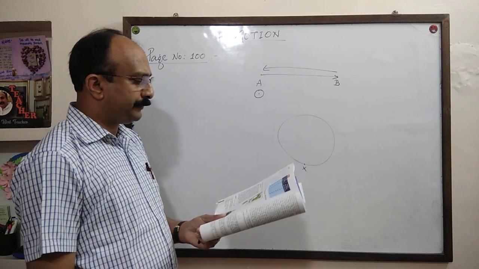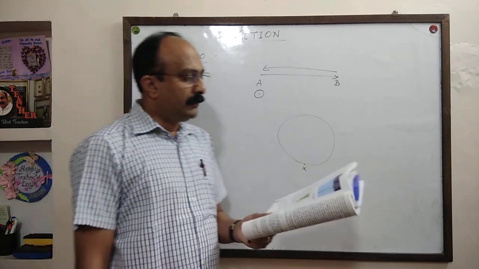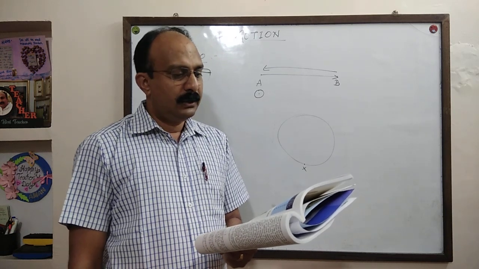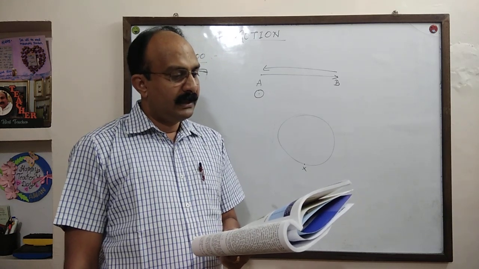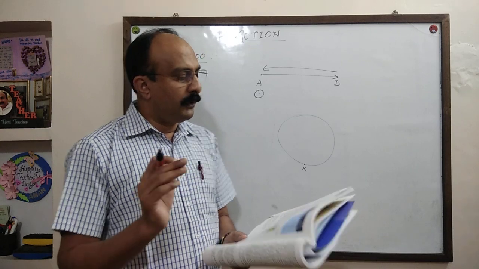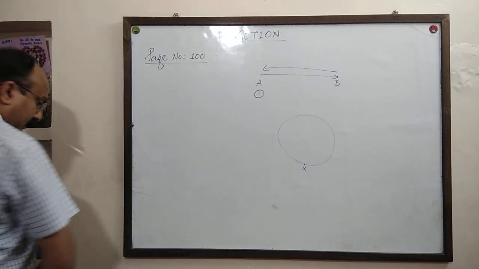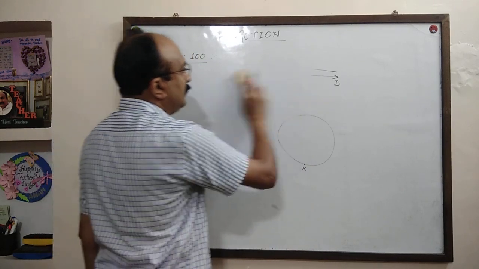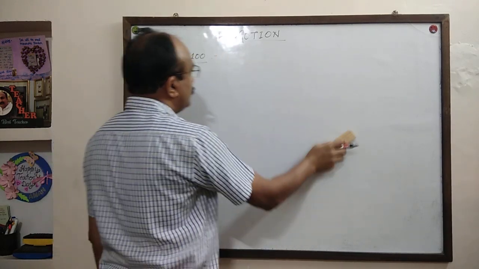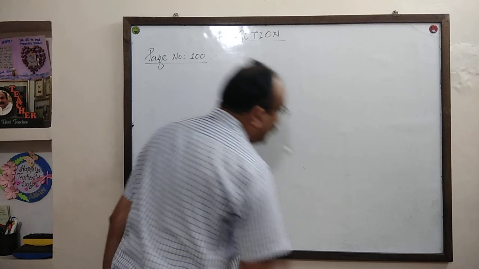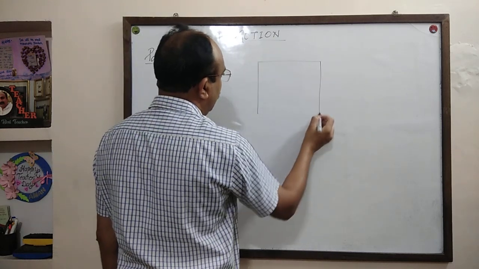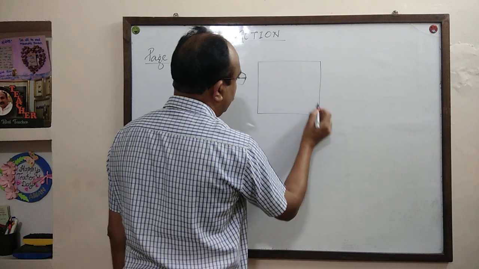Question number 2. A farmer moves along the boundary of a square field of side 10 meters in 40 seconds. A farmer is walking along the boundary of his square-shaped field of side 10 meters in 40 seconds.